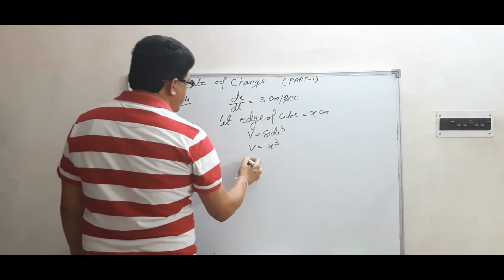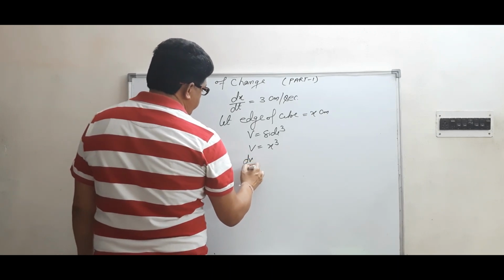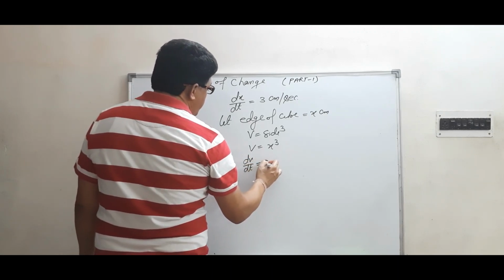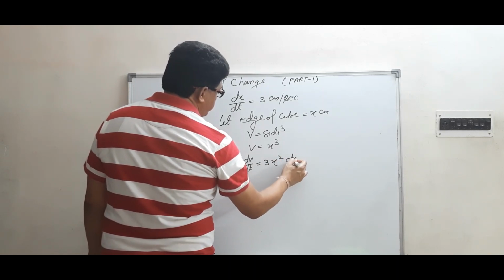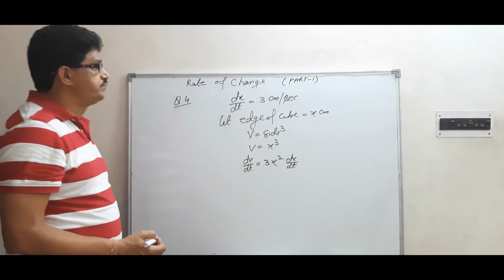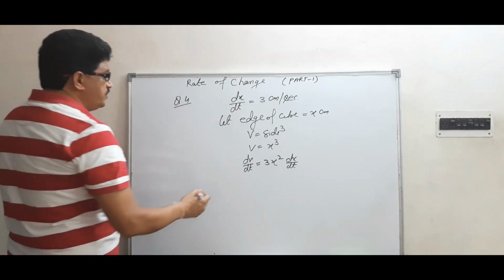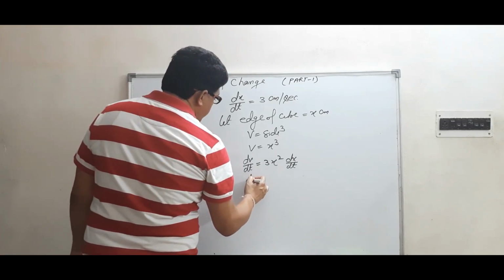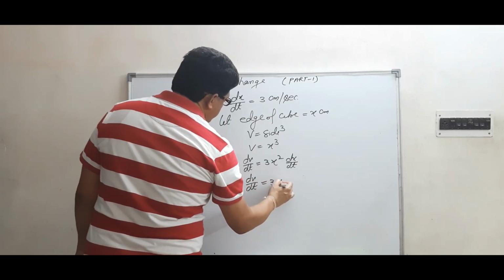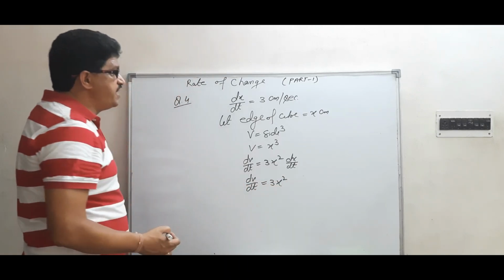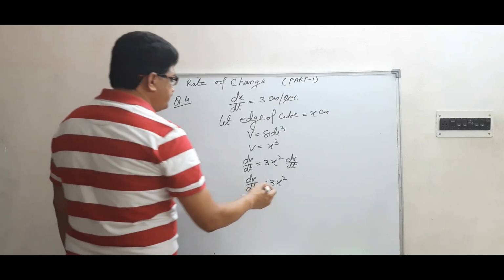Then dV upon dt is 3x square dx by dt. Here dx by dt is given as 3.